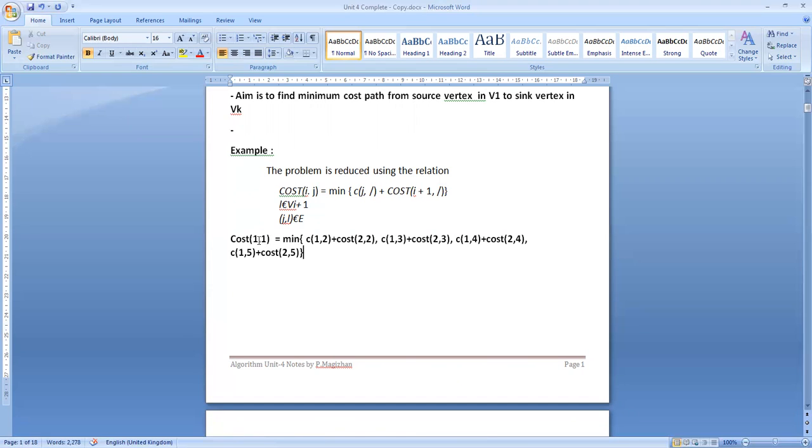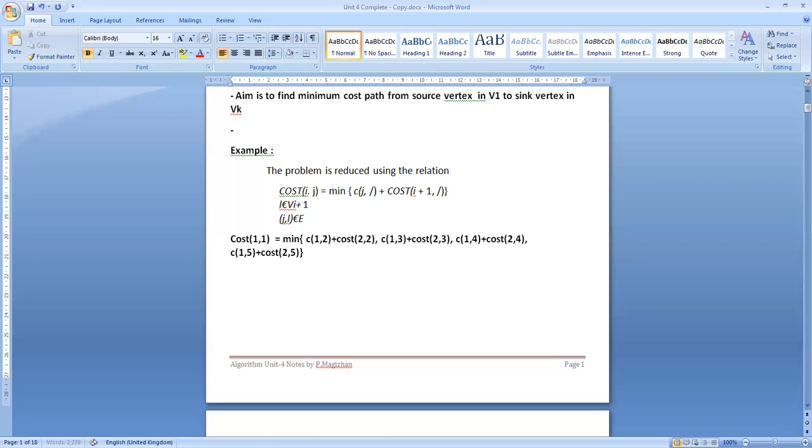So cost of 1 comma 1: I is equal to 1, j is equal to 1, minimum of c of 1 comma 2, 1 comma 2. Okay, from vertex 1 to vertex 2, then vertex 1 to vertex 3, vertex 1 to vertex 4, vertex 1 to vertex 5. Then cost from vertex 2 in stage 2, vertex 3 in stage 2, vertex 4 in stage 2, vertex 5 in stage 2. We have to find all these values.